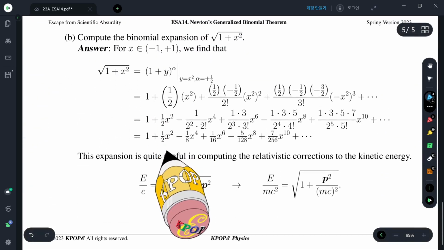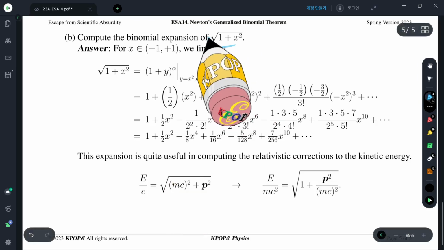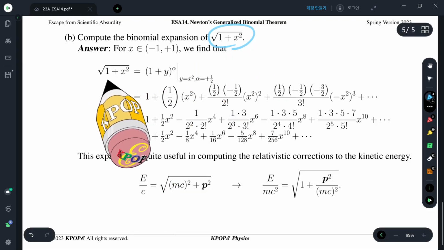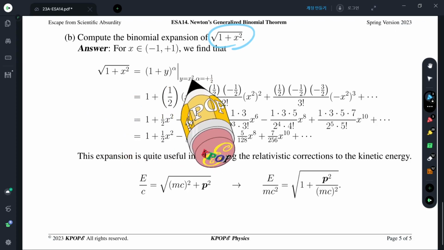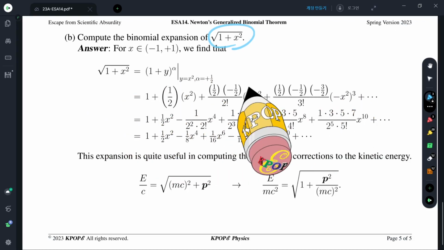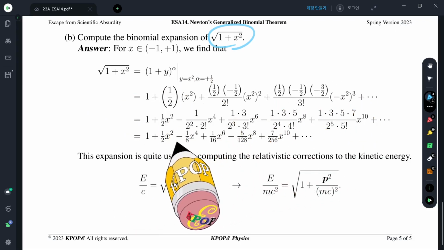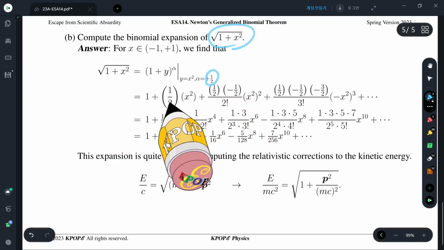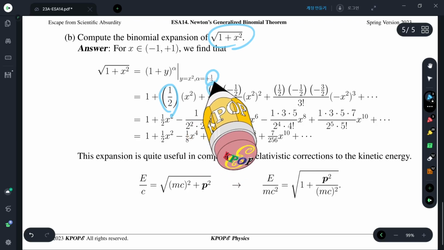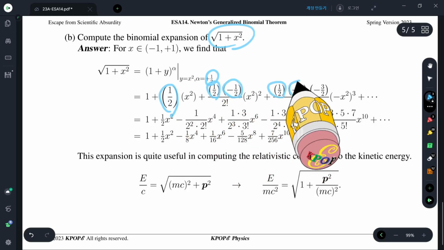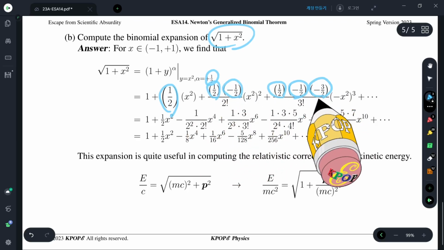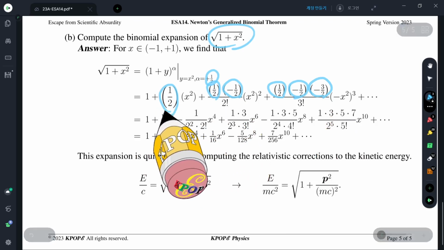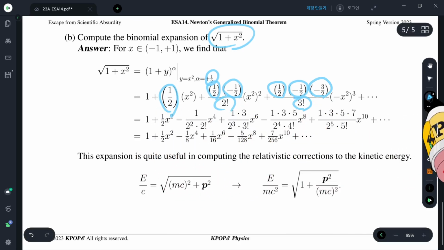Another example of the binomial theorem extended to a real power is this: square root of 1 plus x squared. We use a similar method. Everything is the same except that the power here is plus 1/2. Plus 1/2, alpha, alpha minus 1, alpha, alpha minus 1, alpha minus 2, denominator 1 factorial, 2 factorial, 3 factorial, and so on.